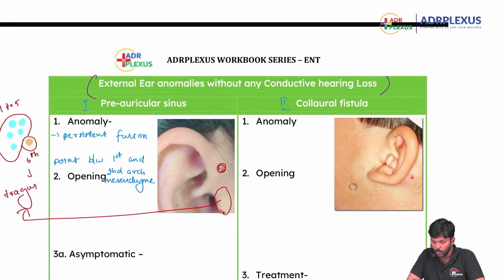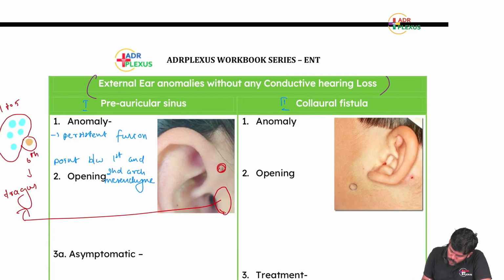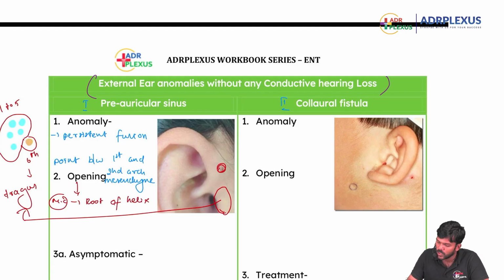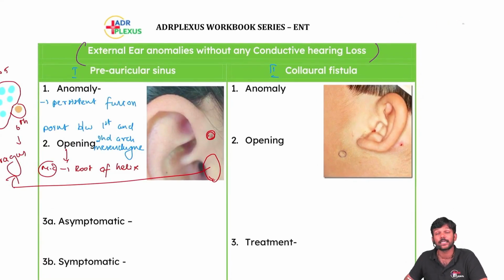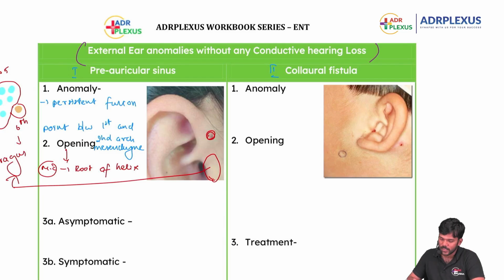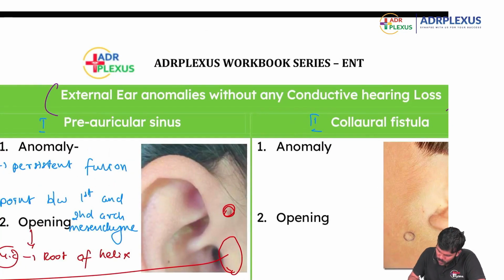Okay, sir, what is the commonest site? The most common site is the root of helix, as portrayed here. But that doesn't mean that is the only point where you would see a preauricular sinus. You may see it over here, over here, even over here.